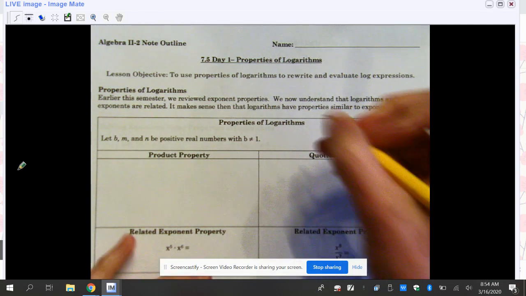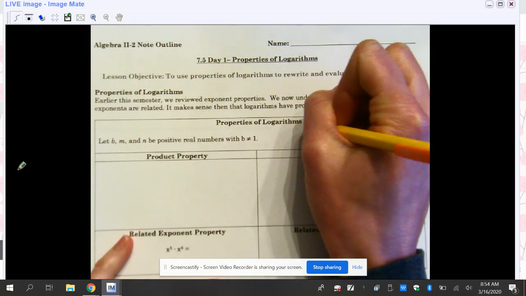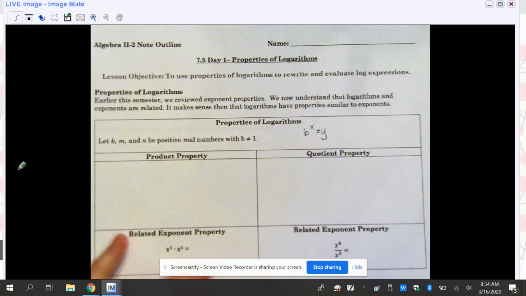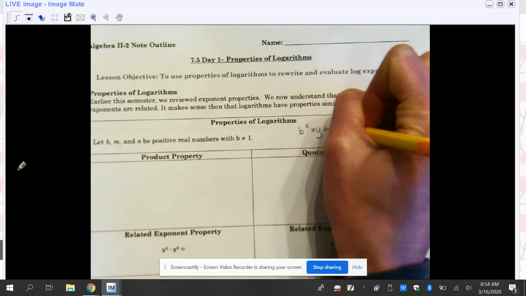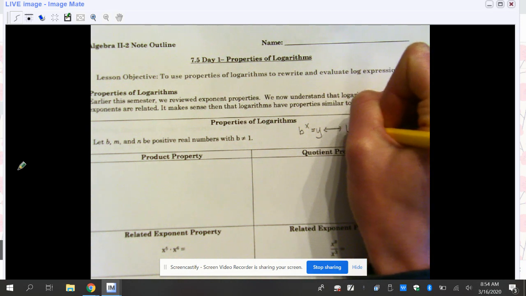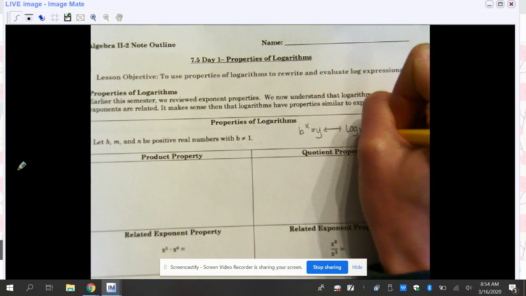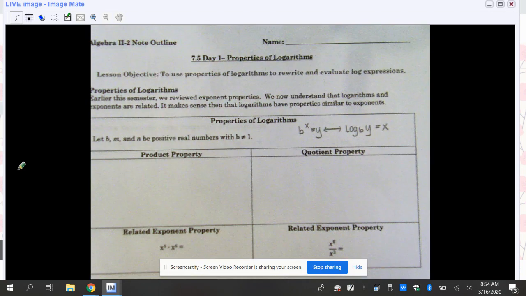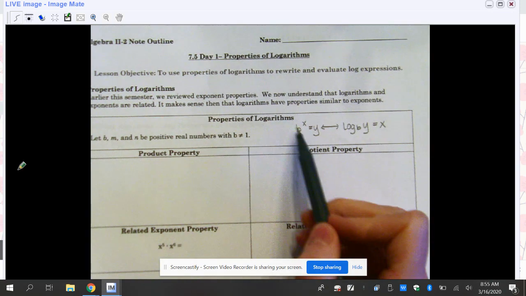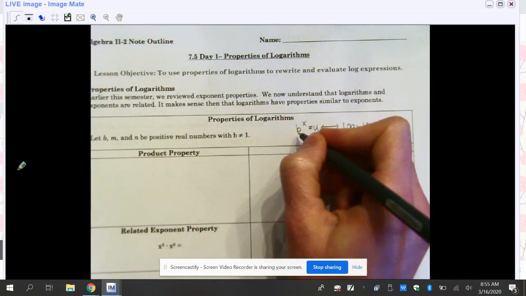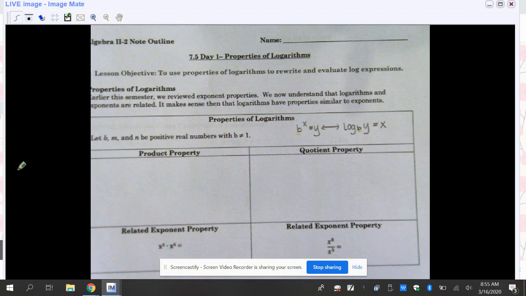Just to review, remember if you have an equation that's b to the x equals y, so we've got this exponential function, you can rewrite it as log base b of y equals x. If you notice here, the base of our exponent is the same as the base of our log.